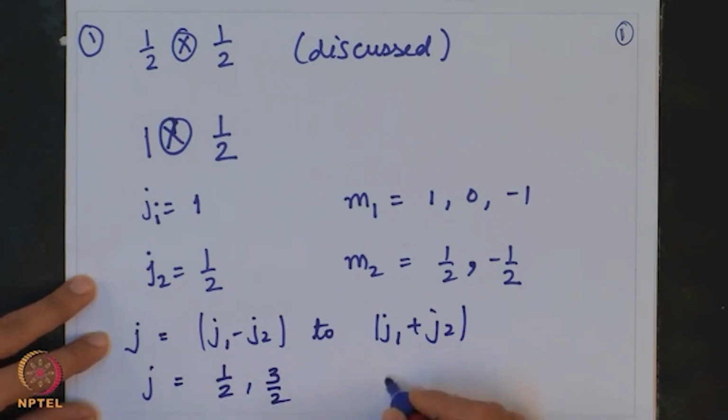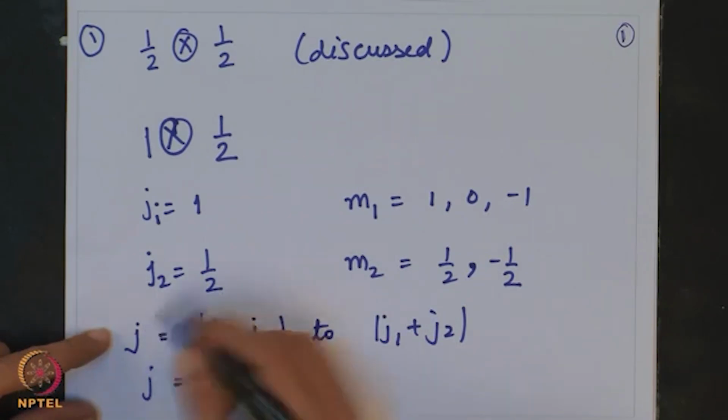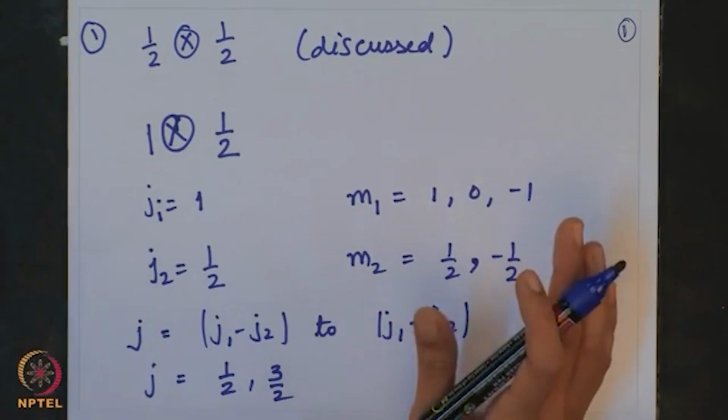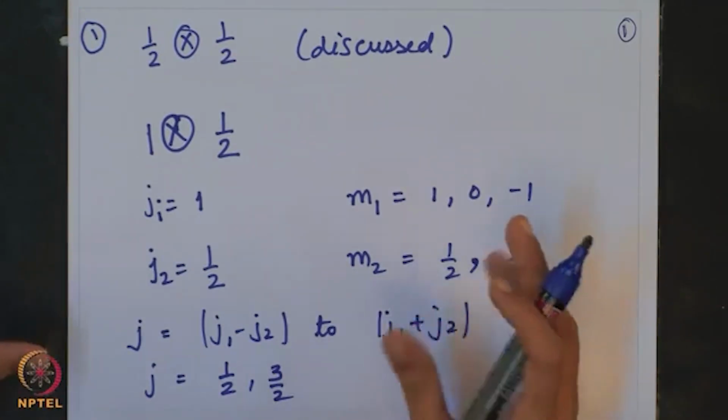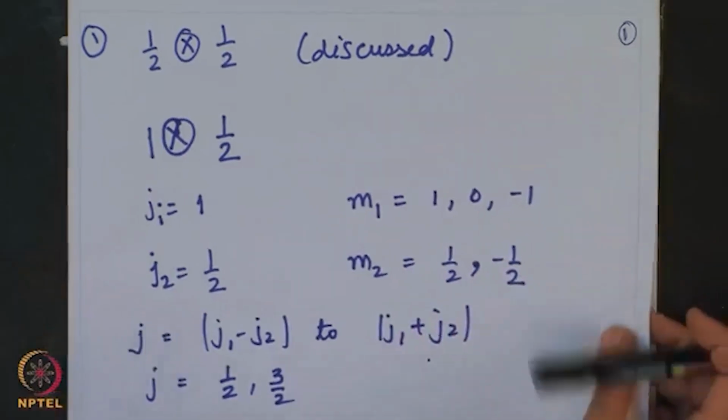And what will be the value of capital M? Capital M will also take values from M1 minus M2 to M1 plus M2. Here you are writing this coefficient in terms of a coupled and an uncoupled basis. Let us write the uncoupled basis first.